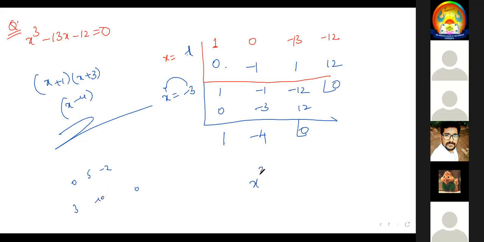So it is x cube minus 3x square minus 10x. This is the question.